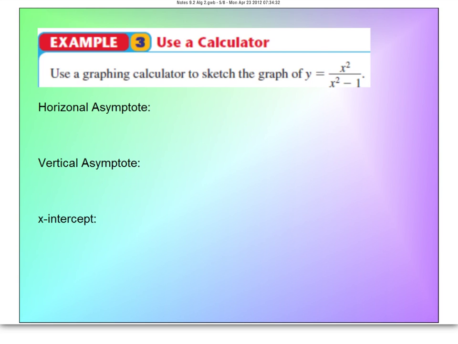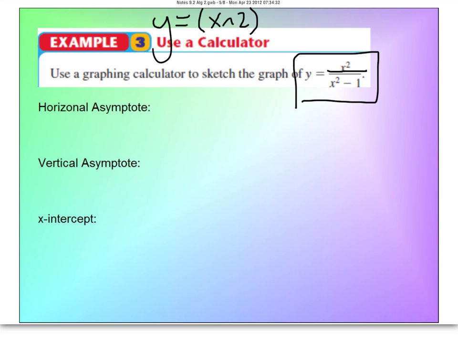Now I just want to show you, if you go to your graphing calculator, what you're going to do is go to your y equals button, and here's what you have to type for this particular function. Be careful. y equals, I'm going to put the top in parentheses: x caret 2, close it out. This division bar on the fraction is just the division bar.